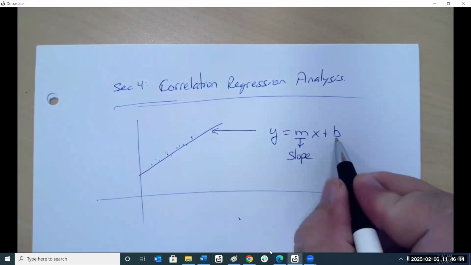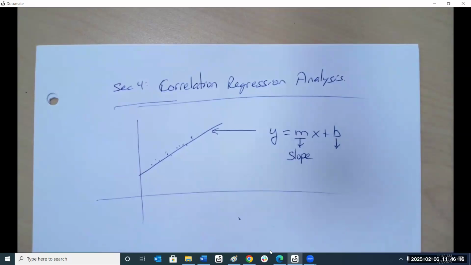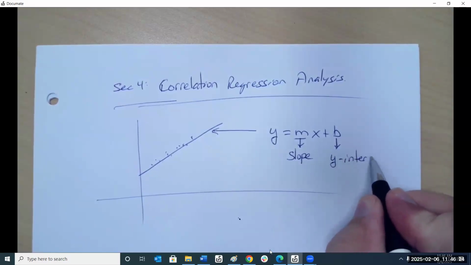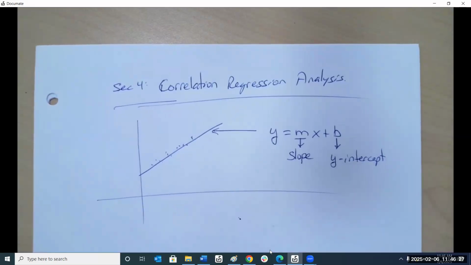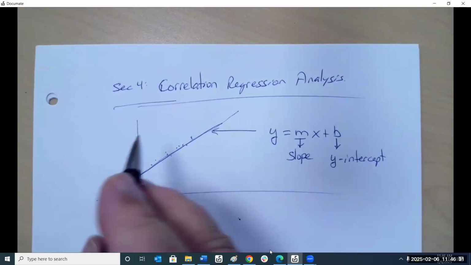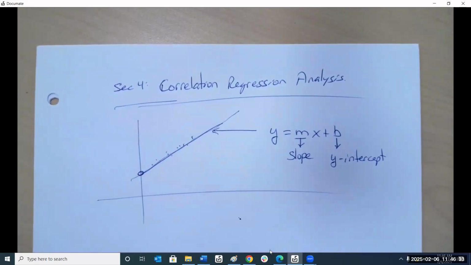What does b represent? The y-intercept. In other words, if you drew this line all the way across, where does it give us the y-intercept? Why is that important? Why is the y-intercept important in this case?